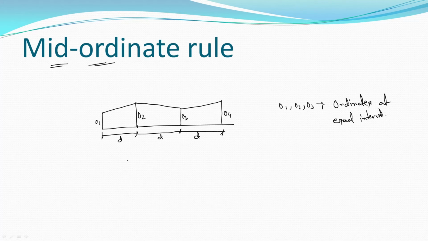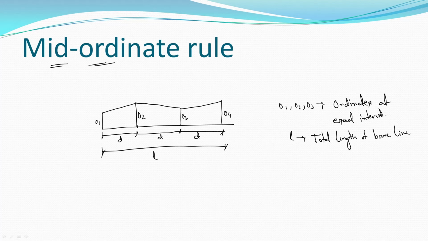Now, if we consider the total length, small l, so L is the total length of the baseline, you can say. Now, what other things do we need to specify? That is the small d. Small d is the common distance between the ordinates.